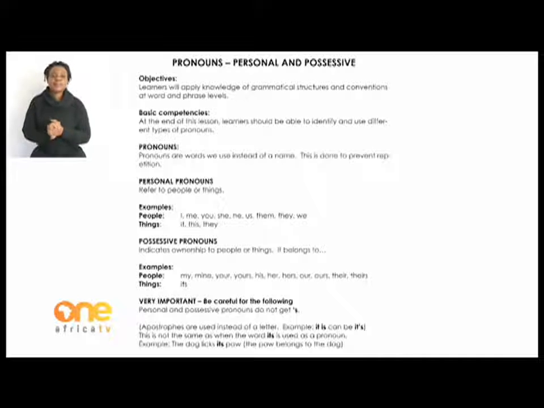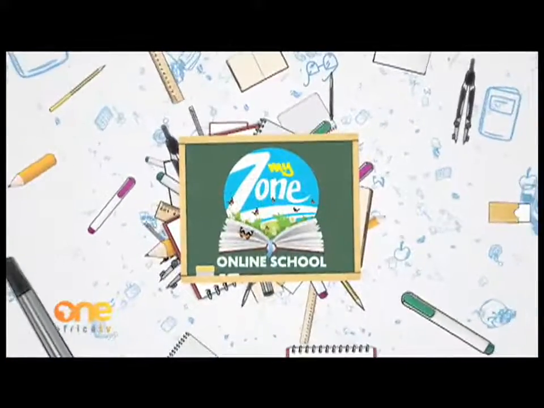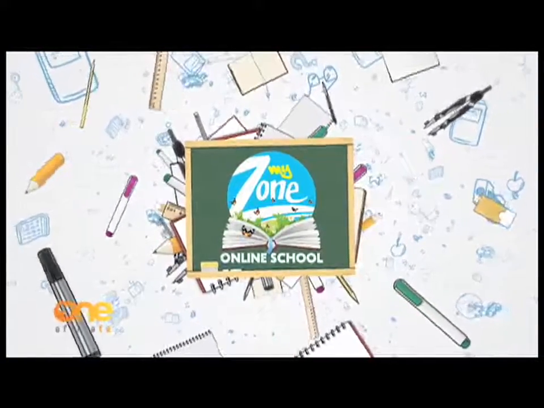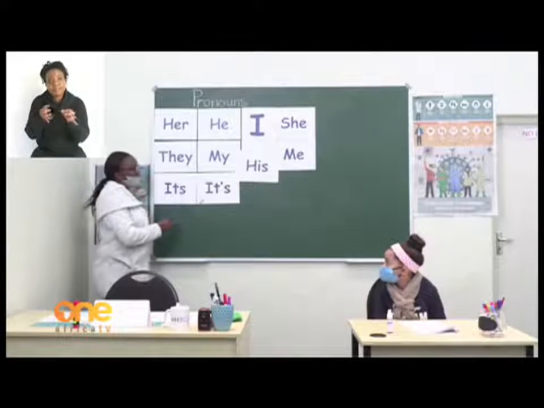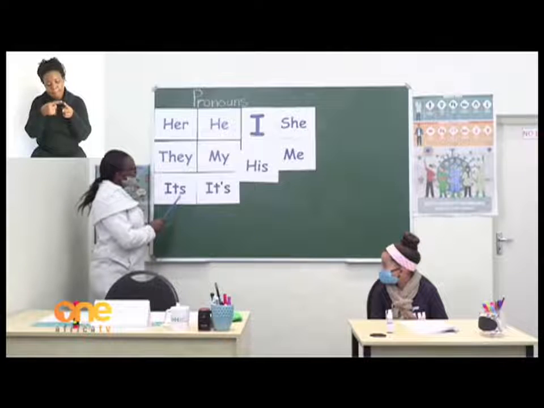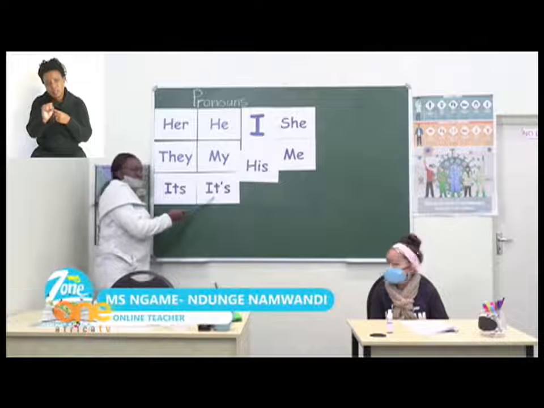Now, very important, I just want to make something very clear because we confuse it's with an apostrophe and its with belonging. Now, let us look on the chalkboard. I am going to explain the difference between the two: its without an apostrophe and it's with an apostrophe.